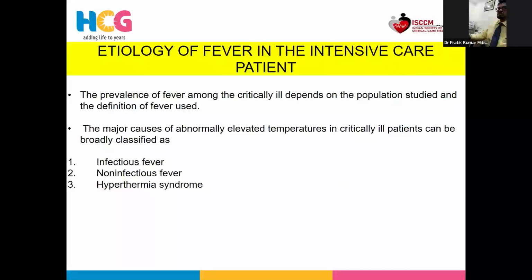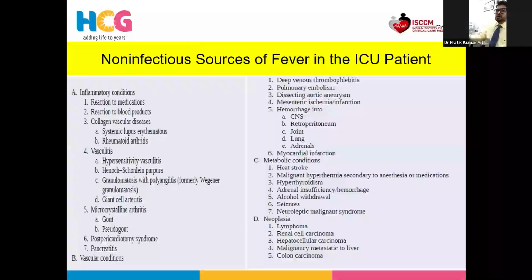Etiology of fever in ICU: it may be an infectious cause of fever, a non-infectious cause of fever, or a hyperthermia syndrome. As we can see in this chart, there are non-infectious causes of fever.